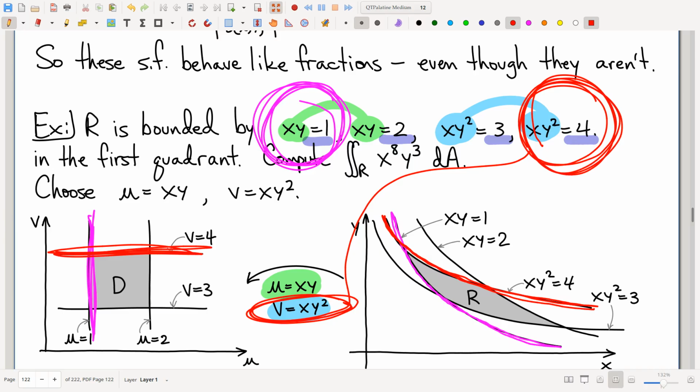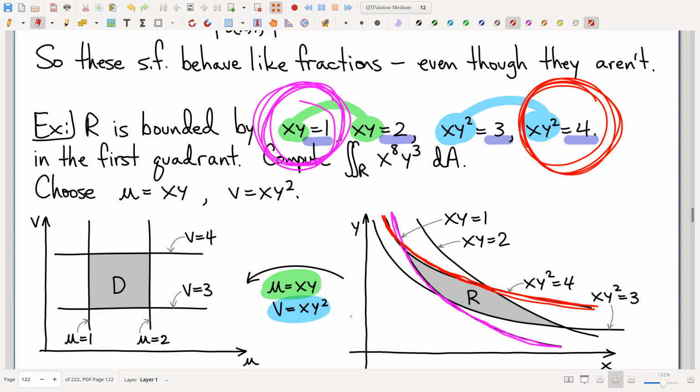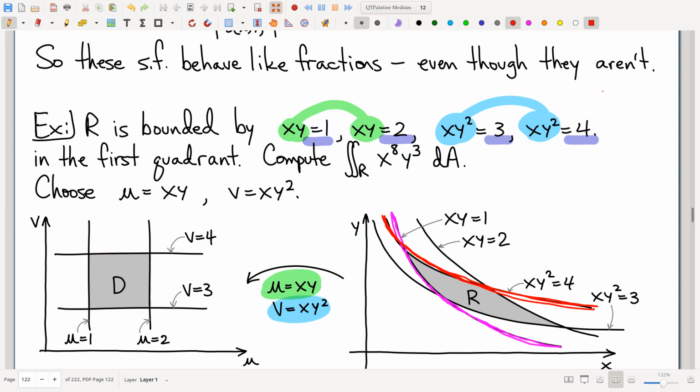So the beautiful thing, having chosen this change of variables functions as we did, is that our terrible domain there turns into our favorite domain over here, namely a rectangle. In fact, even better, I suppose, a square. But anyway, clearly a much more desirable domain. How we doing? Is everybody with me?